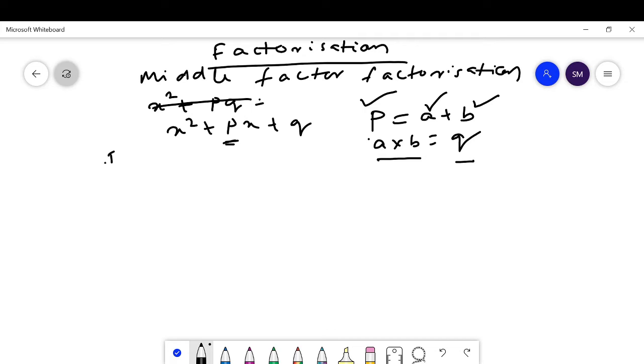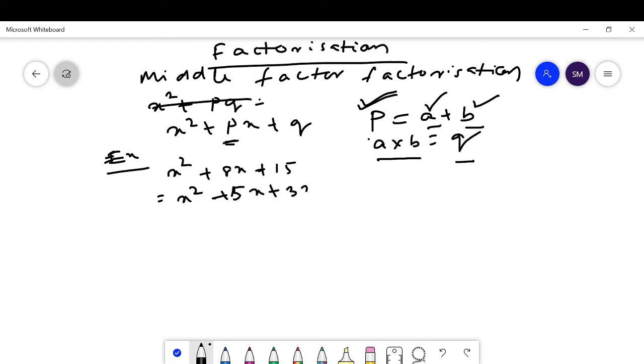Okay, then take an example. Here the question is x square plus 8x plus 15. Then split the middle term into two parts. Here split 8x into two parts, 5x plus 3x.